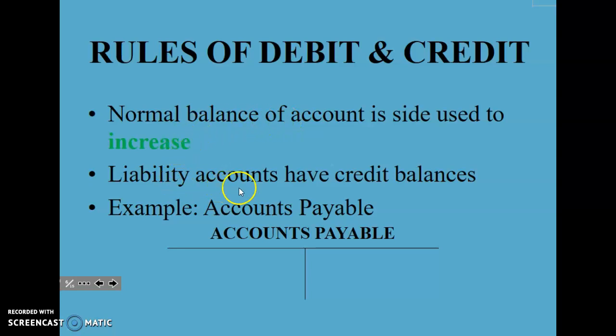So liability accounts have credit balances. For example, accounts payable has a normal balance on the credit side, so you would increase it on the credit side. So credits increase accounts payable. Debits would decrease accounts payable.